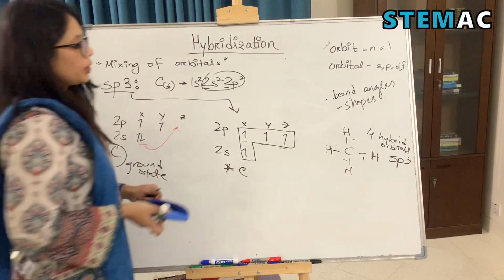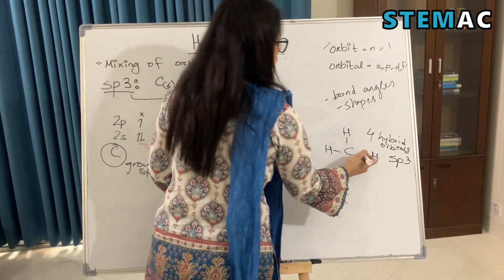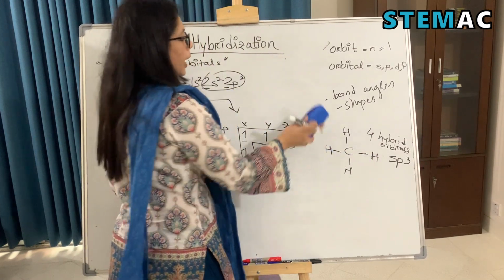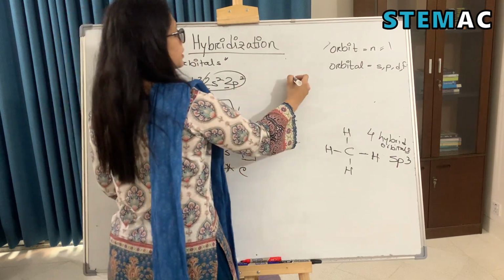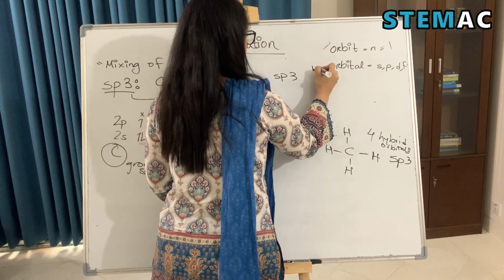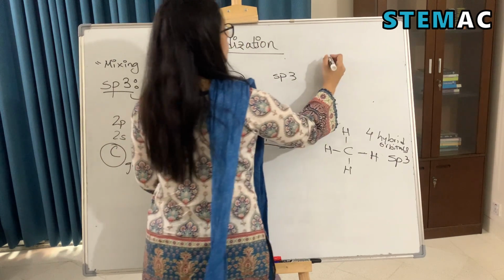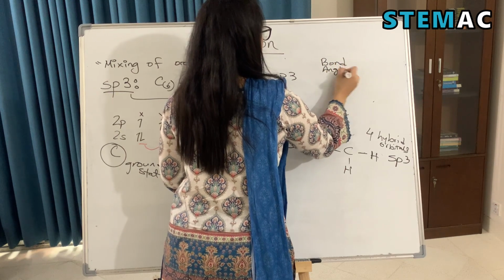So just looking at the molecular formula or the structure of it, we can say what should be the bond angle and the shape for sp3 hybridization. So from sp3 hybridization, the bond angle and the shape, these two we'll be talking about.